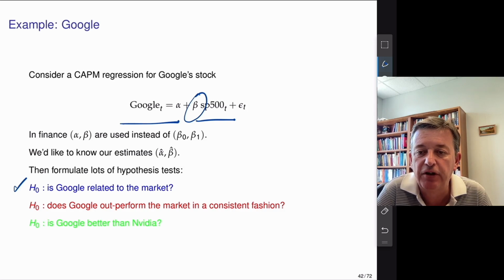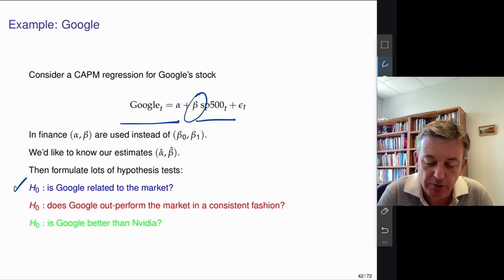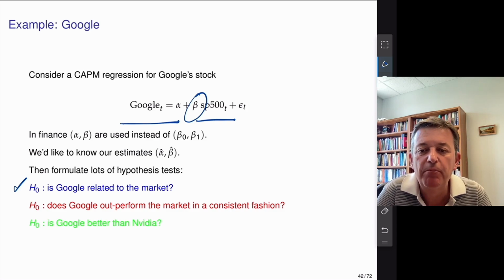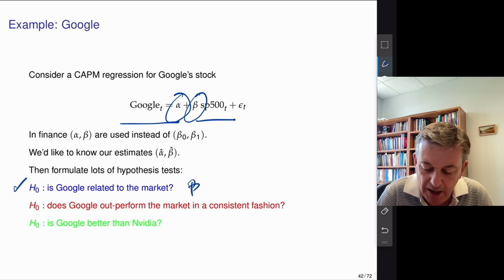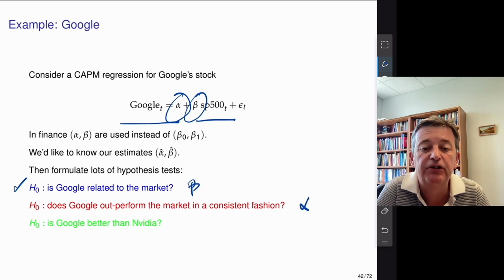And of course the answer is going to be yes. If beta is equal to 1, it will move up and down in lockstep with the market. Now, does Google outperform the market in a consistent fashion? That's the alpha.